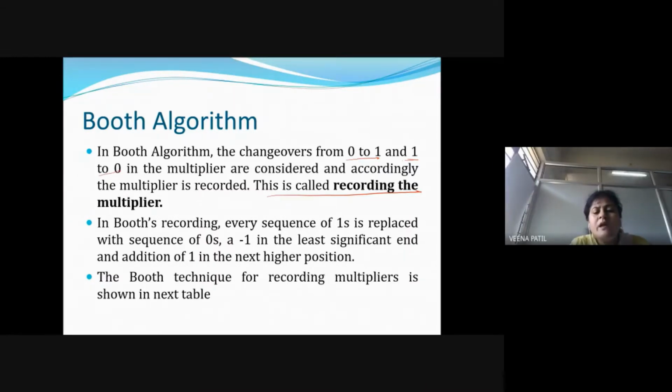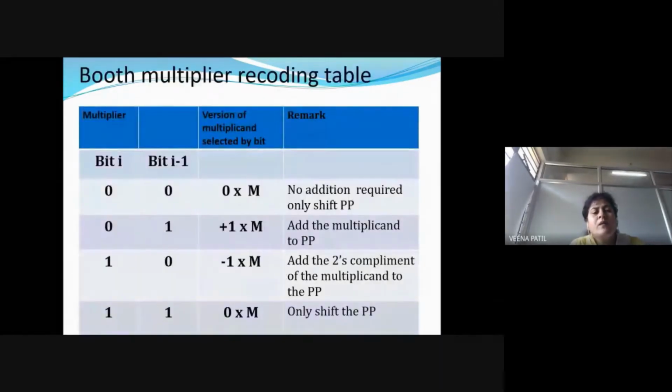In Booth's recoding, every sequence of ones is replaced with a sequence of zeros, a -1 at the least significant end, and adding of 1 in the next higher position. To learn this, we will see the Booth technique for recoding the multiplier, which is shown in the next table.